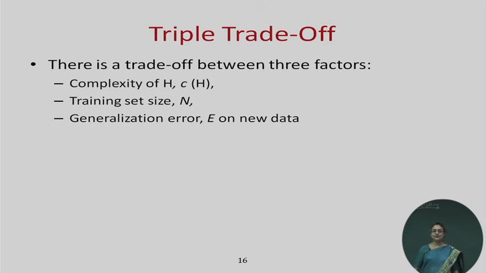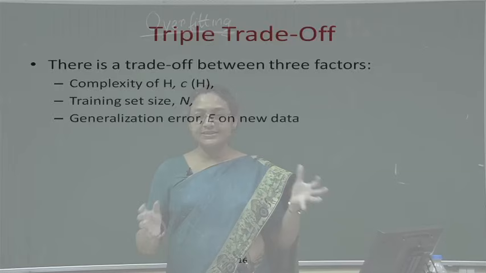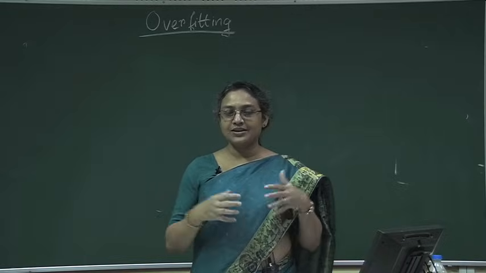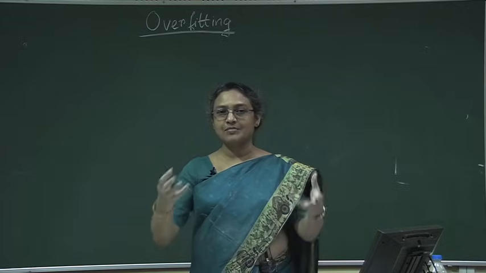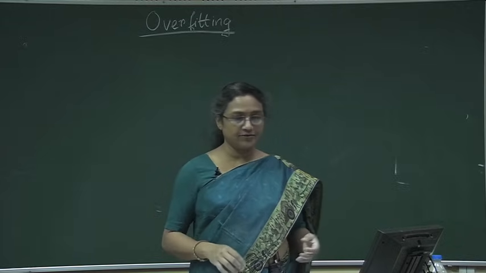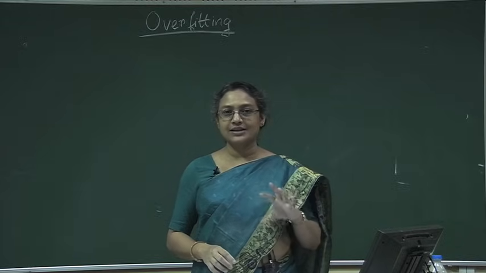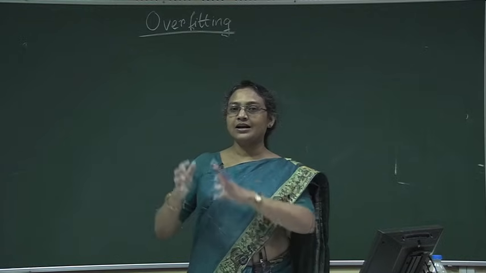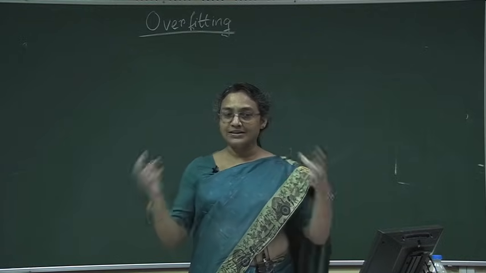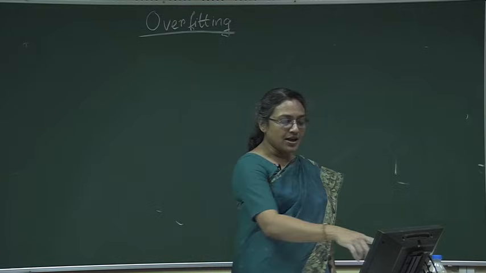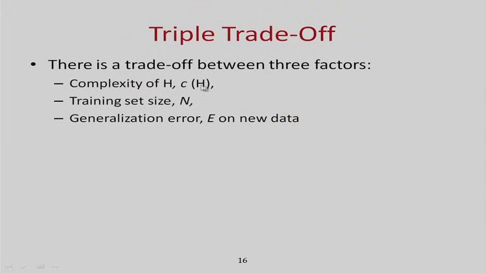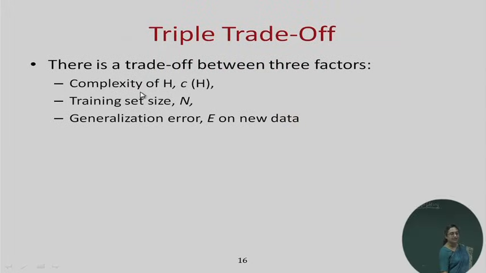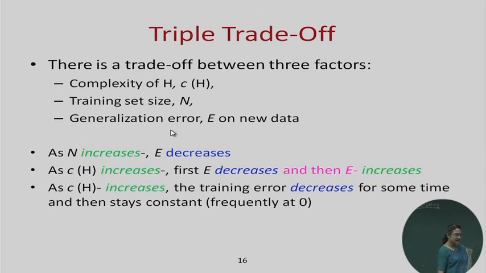The second is training size. If training size is too small, then using that training set you cannot come up with a good function, there may be overfitting. The third is generalization error, that is the true error, the error on the population or unseen instances. So, we want to look at the trade-offs involving these 3 factors: the complexity of the hypothesis, the size of the training set, and the generalization error.